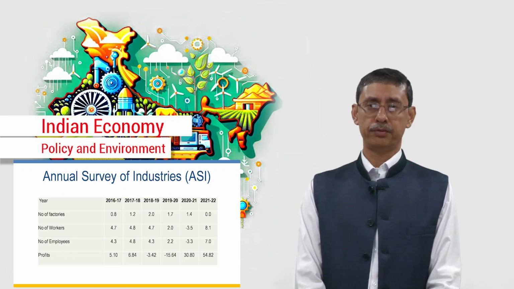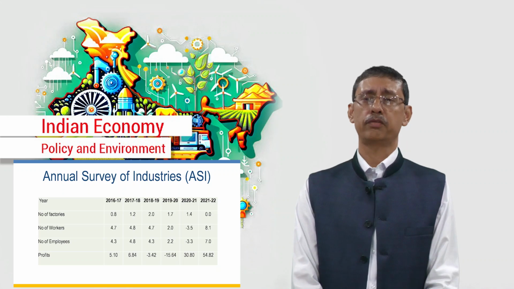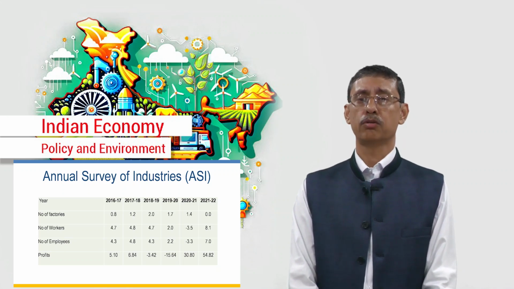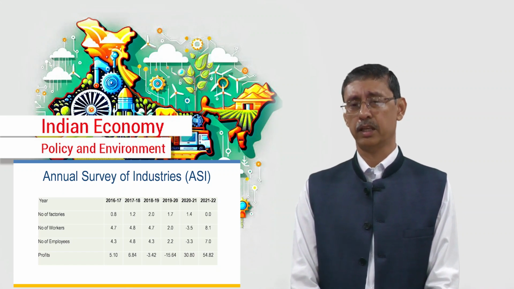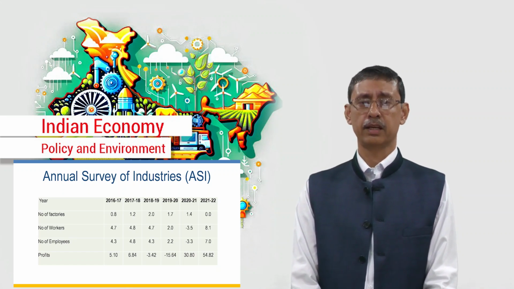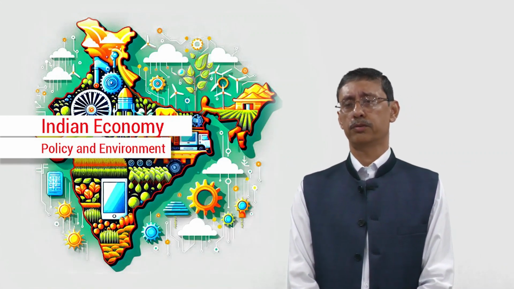But the profits of these industries are increasing. So this shows a kind of accumulation happening within the industries. More interestingly, even if profit is there, the factories or industries are not coming up in the real sense of the term. So that's the picture that we have got from this data.